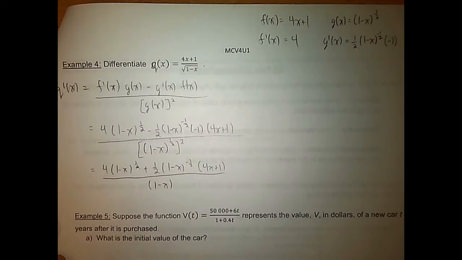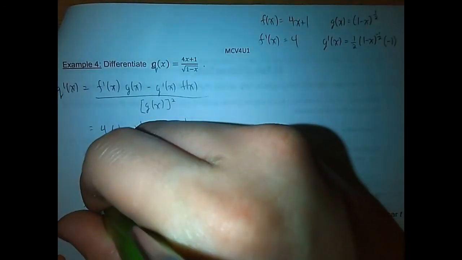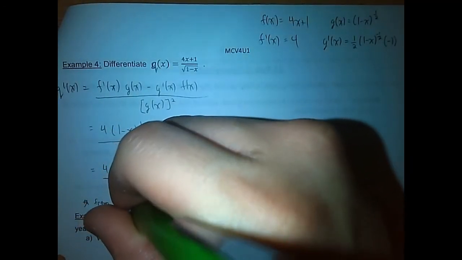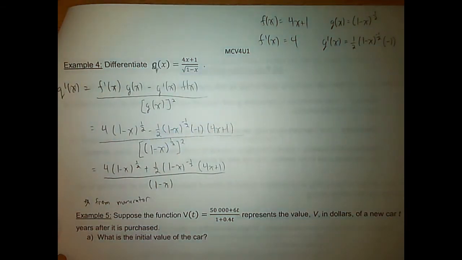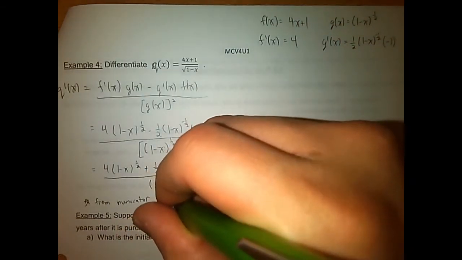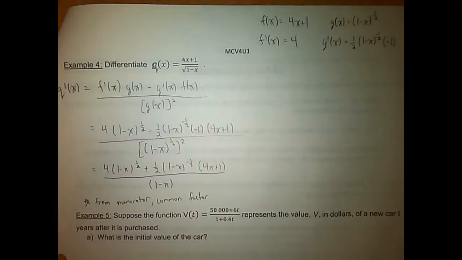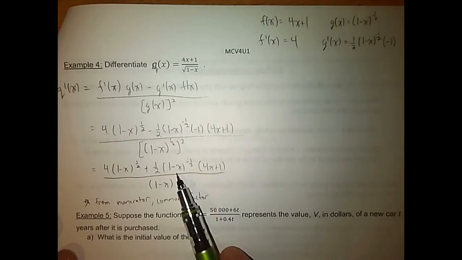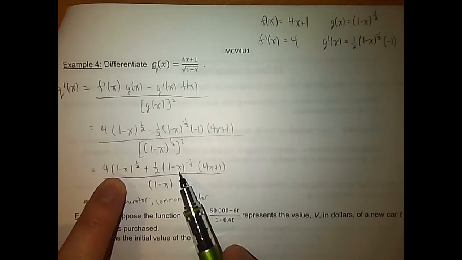So now, like before, we're actually going to common factor something, but this time we're only doing it from the numerator. What things in brackets look the same there? I don't see any other 4x plus 1, but I do see this 1 minus x here. So I compare the two.